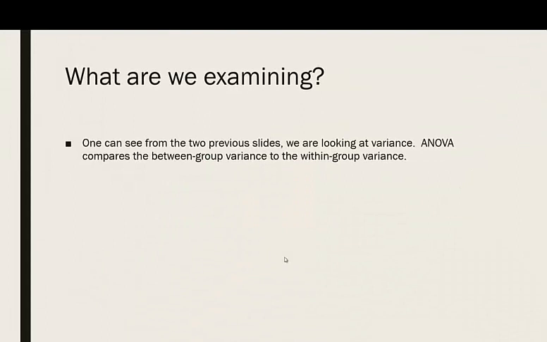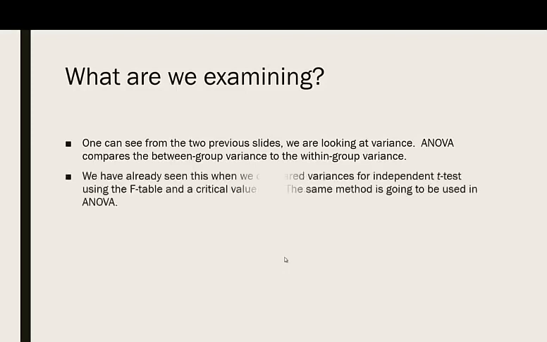So one can see from these two slides that we are looking at variance. ANOVA compares the between group to the within group variance. How do we do this? Well, we've already seen, when we talked about variance with independent t-tests, we needed to see if the variances were the same.